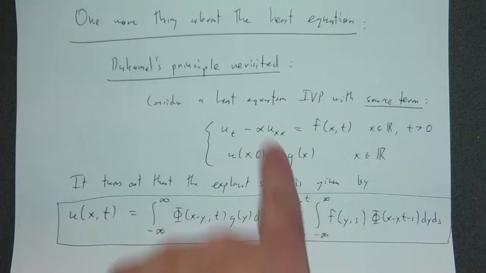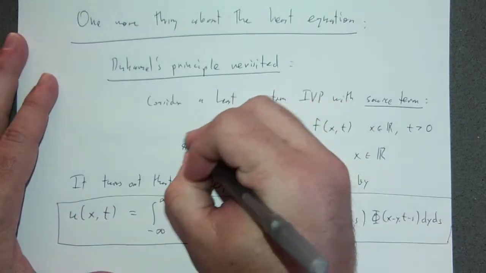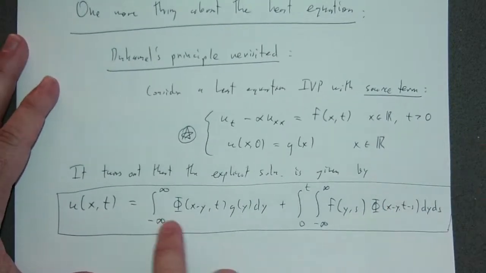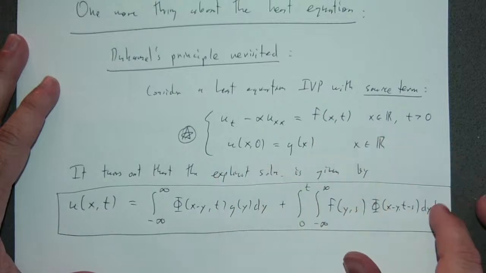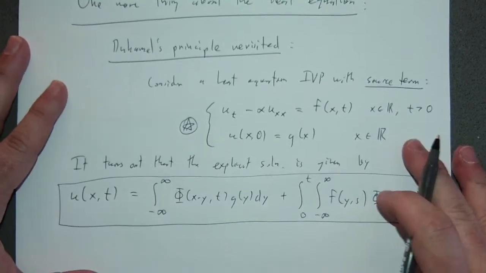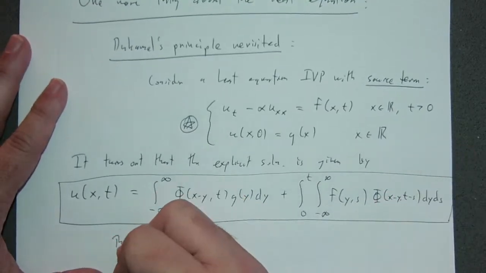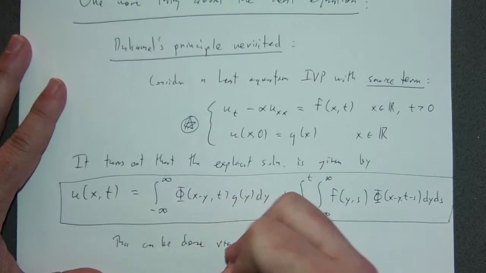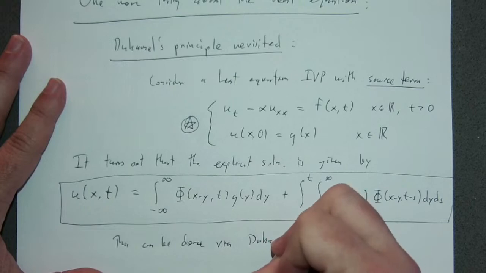But this can be shown to solve this IVP. You can actually do this just with the Fourier transform. The Fourier transform will get you there on its own. But this can also be done via Duhamel's principle, as we did in the wave equation.